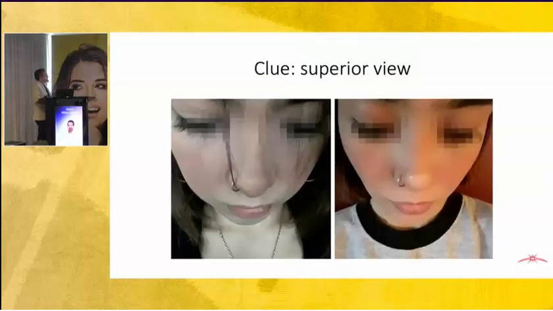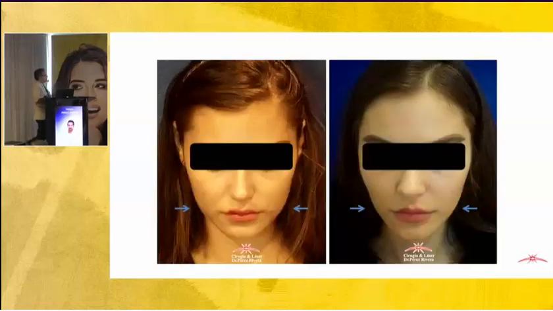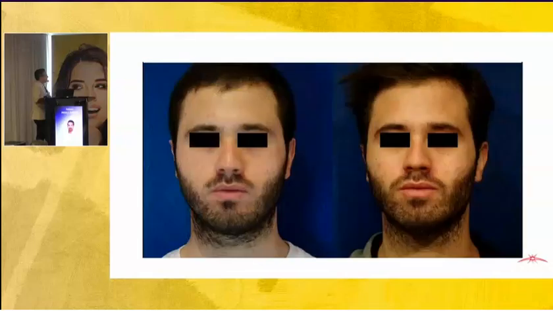Some result, when we mentioned only bichectomy alone, this is part of my result. Another one in a half profile view. In male, it's difficult to see the result by the bar, but you can measure here and here the depression.